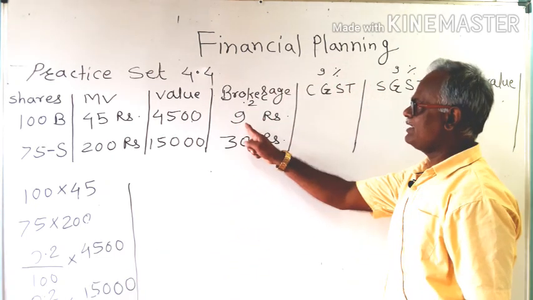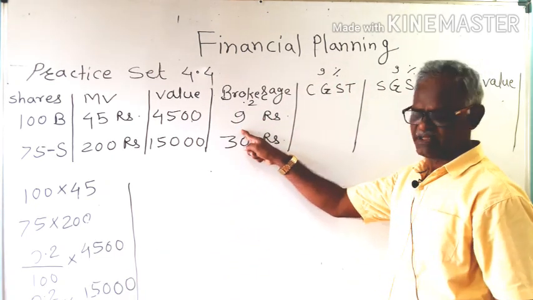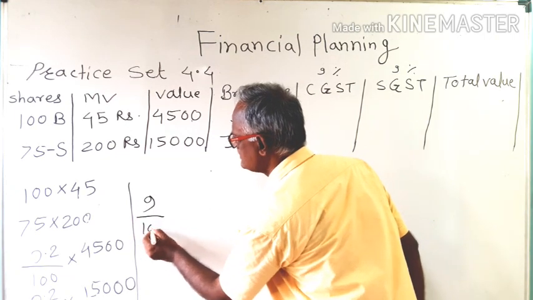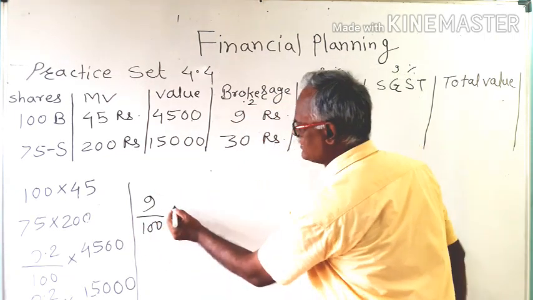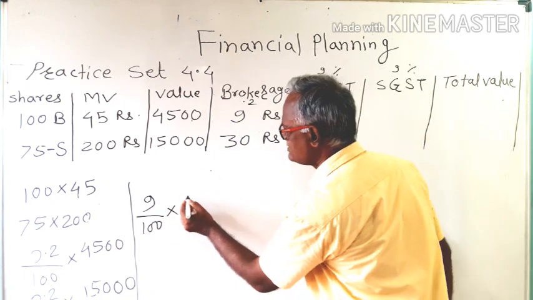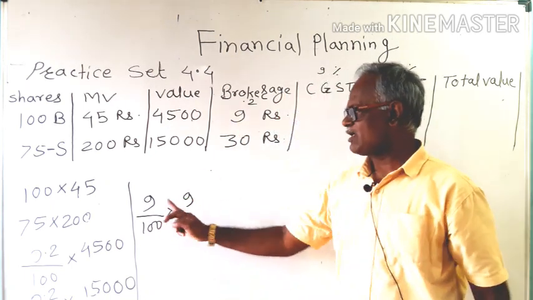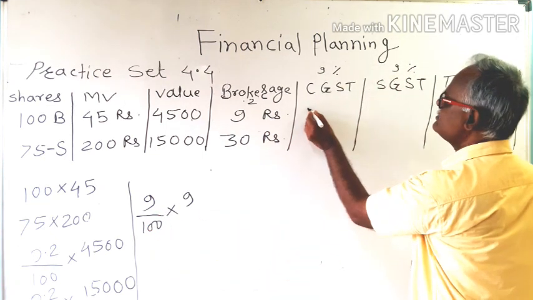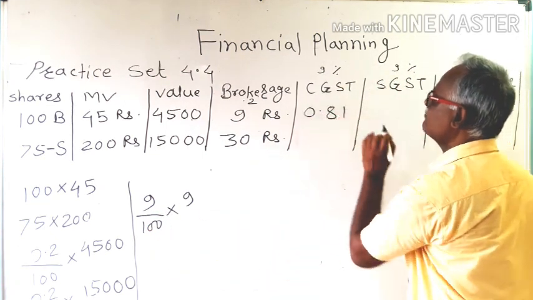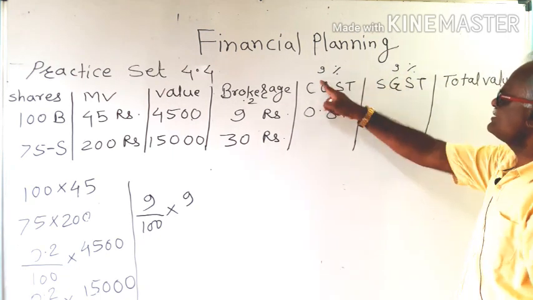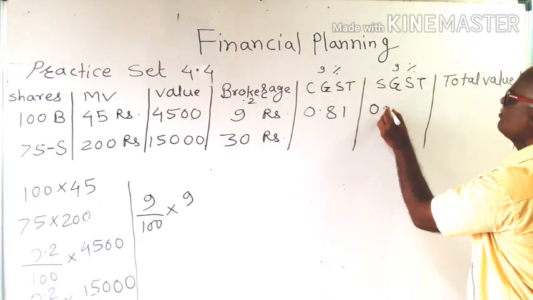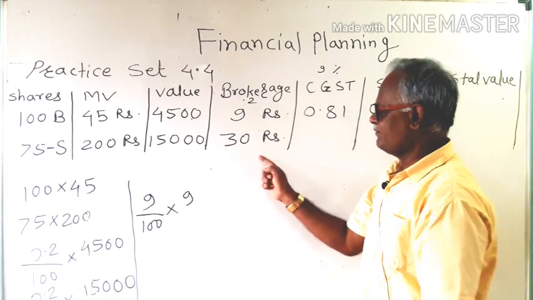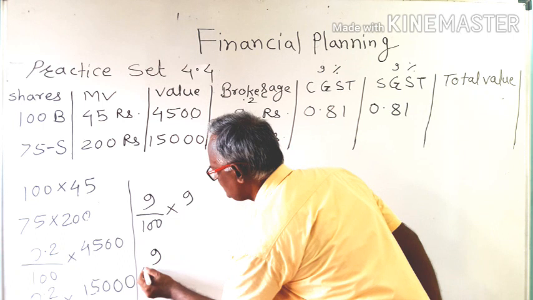It will be calculated as 9% of 9. This is the meaning of 9%: 9% of brokerage, that is 9. So 9 nines are 81. 81 upon 100, that is 0.81. This rate is the same, so SGST is also 0.81.